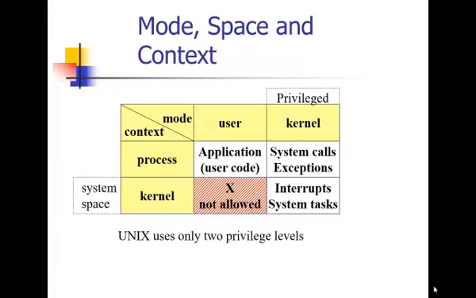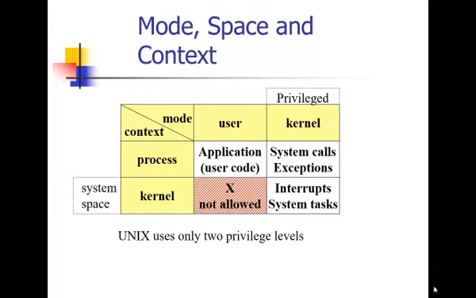So when it comes to the program execution and different stages in program execution, so we can have a matrix like this: privileged and non-privileged mode for different levels of execution in an operating system.